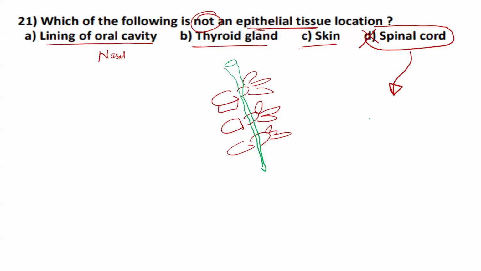So spinal cord is nervous tissue. Nervous tissue is made out of neurons, no? Are you clear? So backbone is different, spinal cord is different. It is a part of the central nervous system, yes. If you don't know this clearly, when you're eating chicken neck, you all know chicken neck, right?